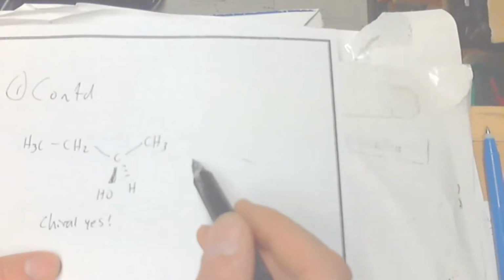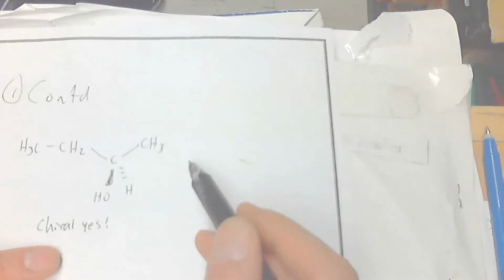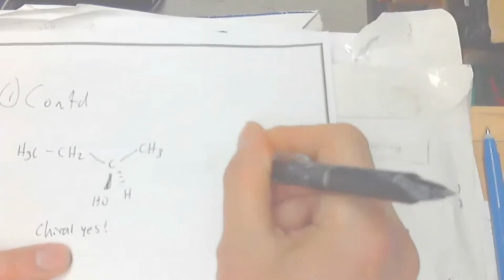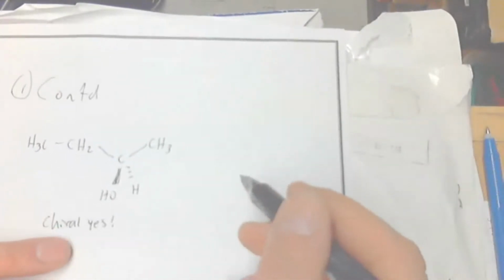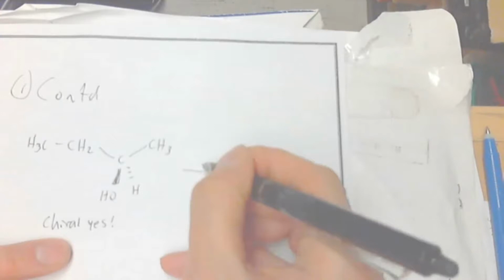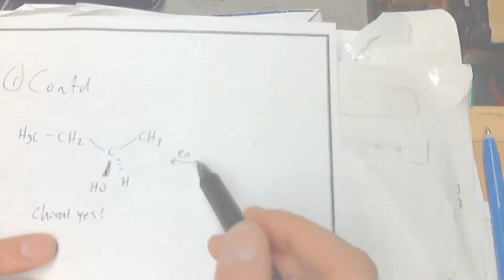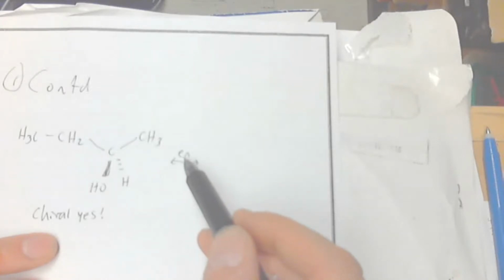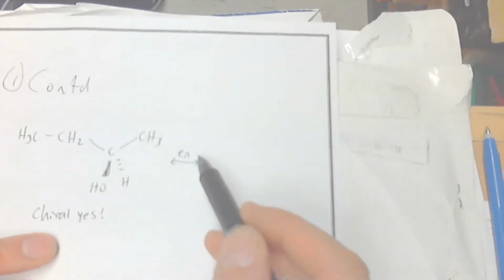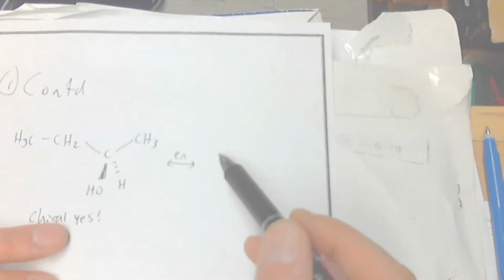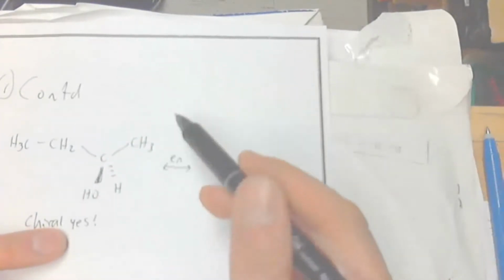What I was just saying a second ago is there are multiple ways we can draw the enantiomer. So I like to use a resonance-looking arrow with En for enantiomer. How am I going to draw the enantiomer of this? One way is to pretend we have the mirror again.